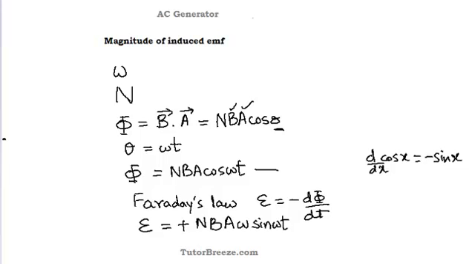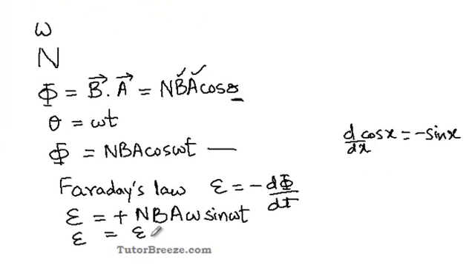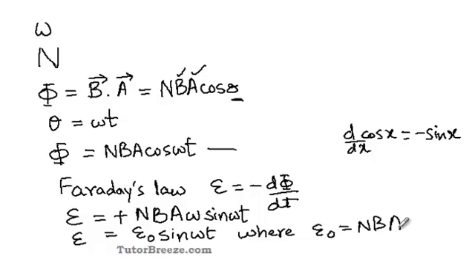Now this shows that the induced EMF varies sinusoidally, and we can write it as E naught times sin omega t, where E naught, the peak value of E, is N B A omega, and the value of sin omega t varies between +1 and -1.